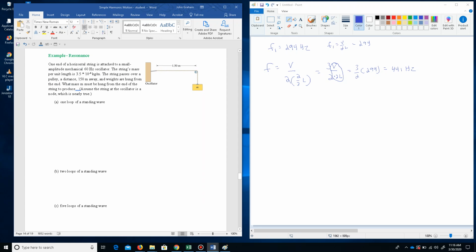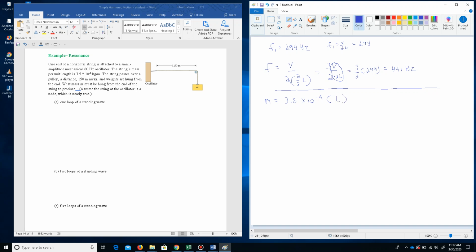String mass per unit length is 3.5 times 10 to the negative 4. And so what's important with that, let me start with that right there. The mass is 3.5 times 10 to the negative 4 times the length to get the whole mass.